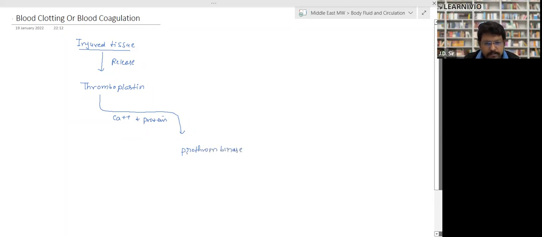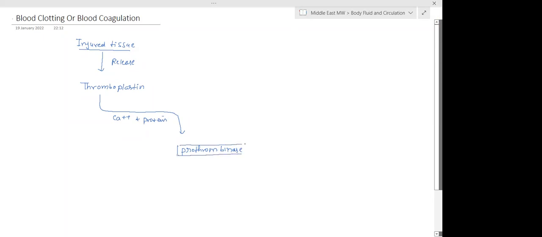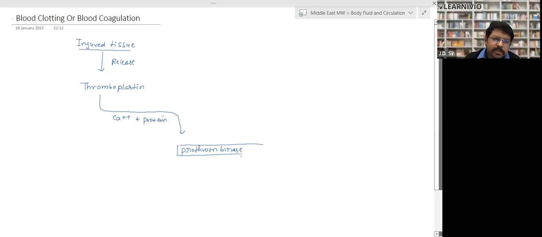Prothrombinase enzyme formation will take place. Thromboplastin is a type of proteinaceous substance. Prothrombinase is an active enzyme. So this was the reaction which takes place due to the tissue.